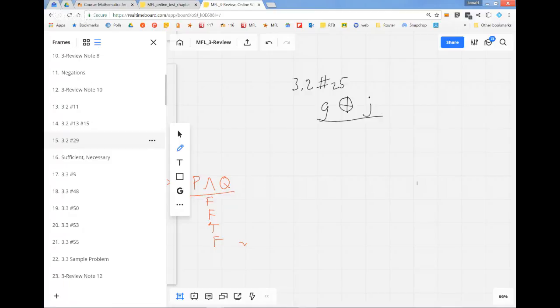Now, do you remember the rule for that? It is true only when the statements are different. That's correct. Now we got to fill in. So G is false and J is true. And because the two statements are different, it's true.